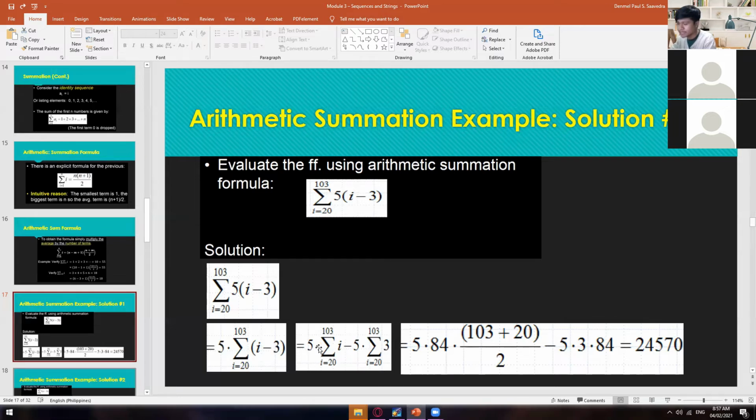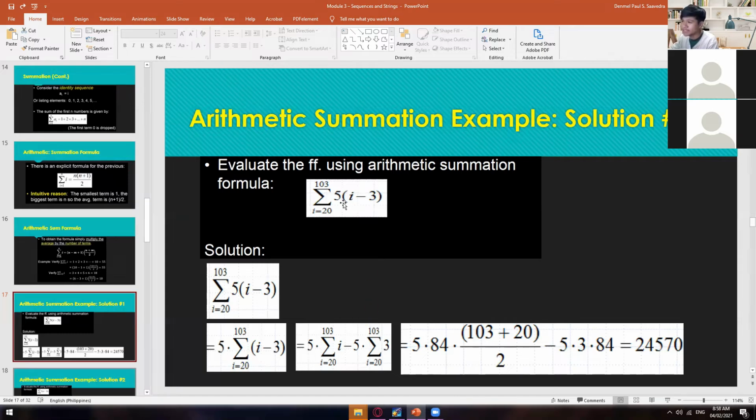It's like distributing this 5 from outside and then separating the 3 at the same time. So I know this one is quite confusing. Well anyway, I have a backup for this one, which is the longer method. For now, I will leave this one to you, how we came up with this kind of formula. This one is basically algebra.